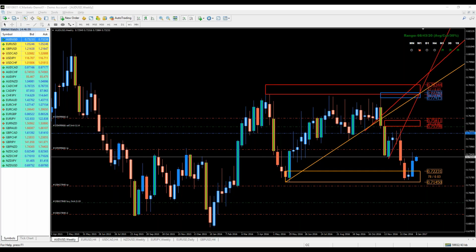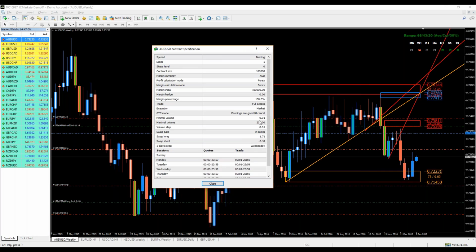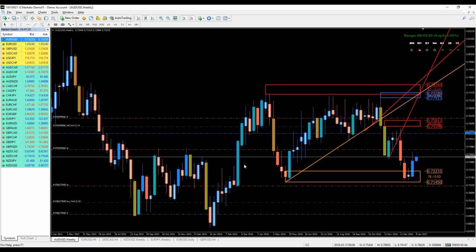Let's have a look. Okay, it's not so much. For per 100,000 units, if I'm buying and selling standard lots, every night if I'm buying, I will earn $1.71. If I'm selling, I will have to pay just over $3. So it's not a whole lot. This one could go either way, of course.